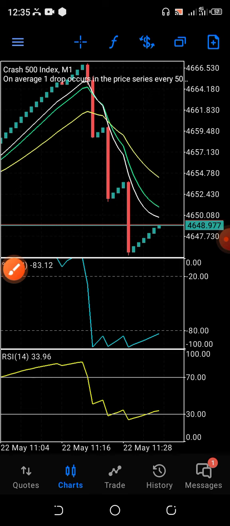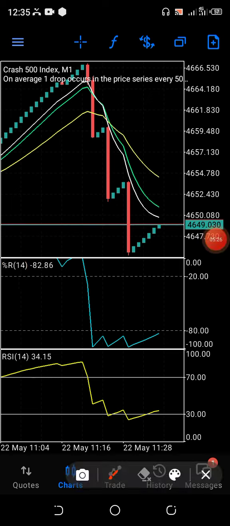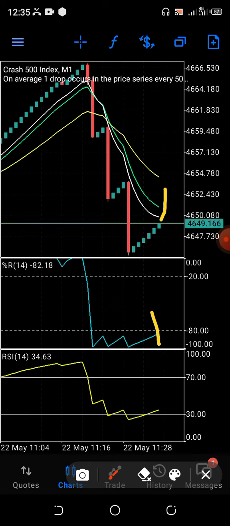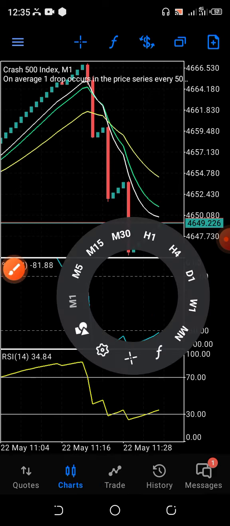Now here, if this starts crossing here, you will see that this one will start coming up here. Why do I keep saying this? If this comes up here, many people will place a trade because I told them to. But before you do this, knowledge demands that you visit your higher time frame.